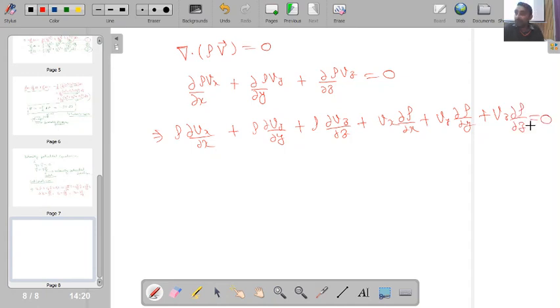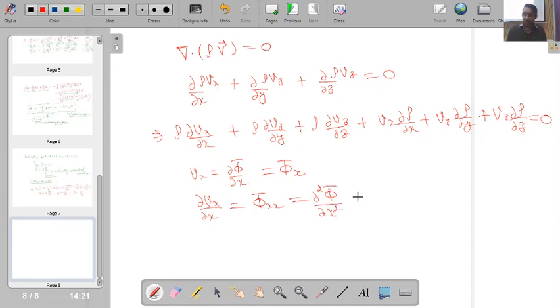Now we know that Vx is equal to del phi bar by del x. Let's call it phi bar x. Similarly, if you do del Vx by del x, that becomes the double derivative, so phi bar xx is a representation of del square phi bar by del x square.